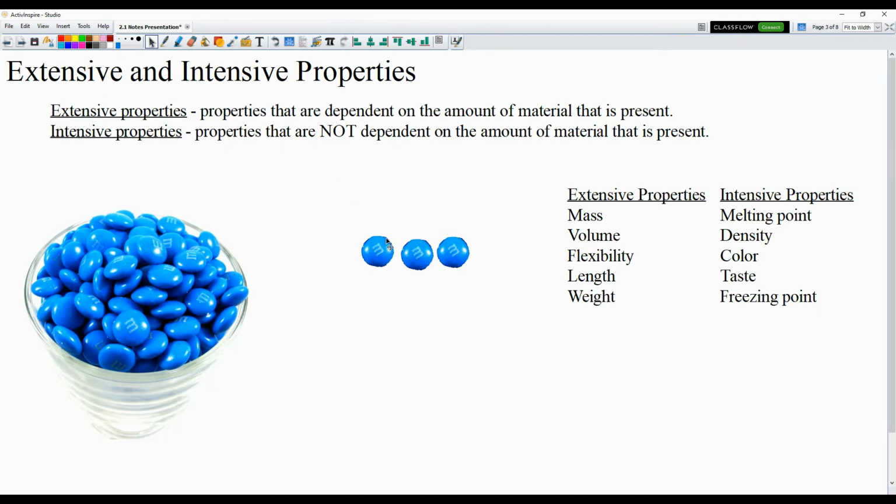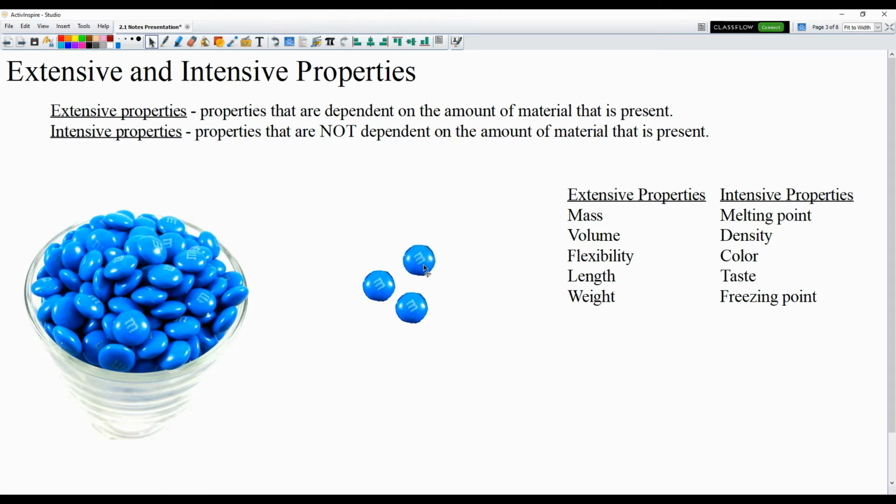Now, intensive properties do not depend on how many you have. So let's say, for example, let's look at the first one, color. If I just take one of these blue M&Ms, it's blue, right? So if I take another one out and add to this pile here, do these M&Ms change color? No, they're still blue.